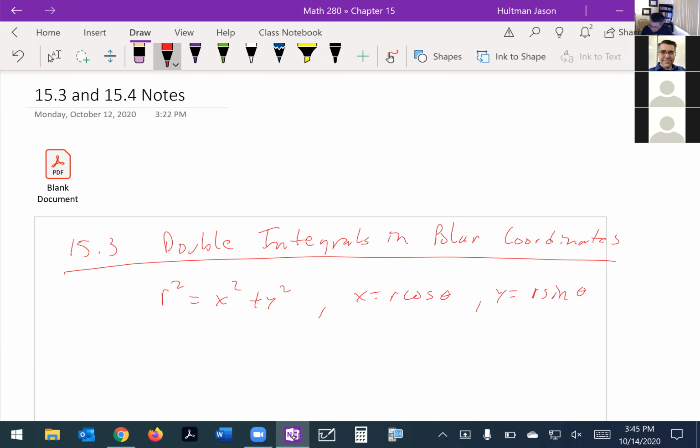Then we can say that the domain here, what we would make an analogy to a rectangular region in polar coordinates, would be that the points (r, theta) are going to go from A to B. r is going to go from A to B, and theta is going to go from alpha to beta.